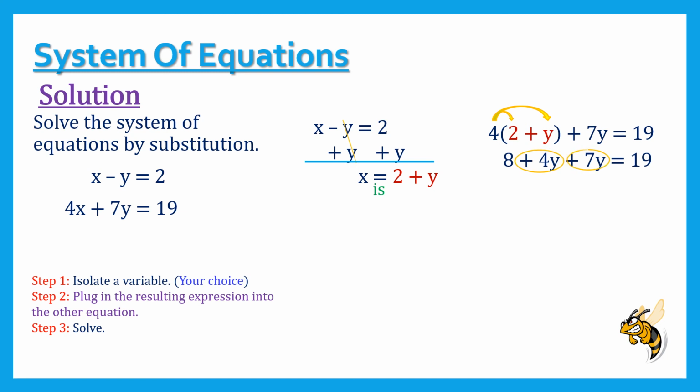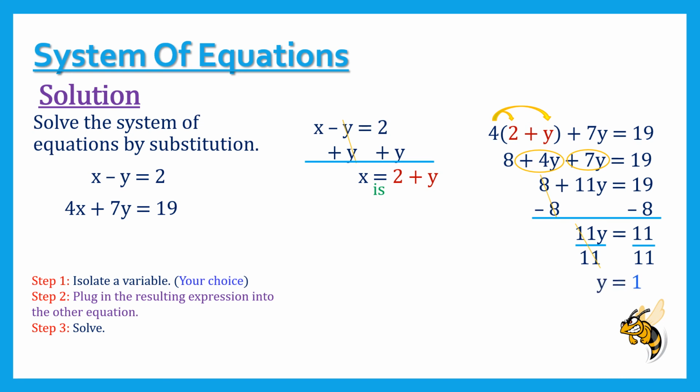Combine like terms. So 8 plus 11y equals 19. Subtract 8 from both sides. 11y equals 11. To remove that coefficient, I'm going to divide both sides by 11. y is equal to 1.